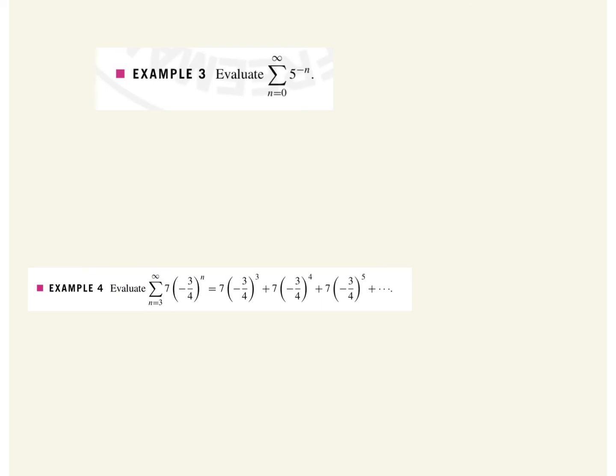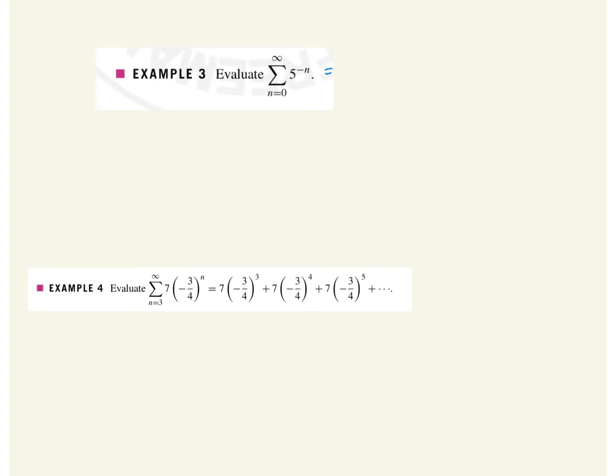All right, so examples 3 and 4 on these geometric series. The first one is the summation from 0 to infinity of 5 to the negative n power. You don't have to start listing out the sequence, but I like to, sometimes at least, to get a feel for what these values are.